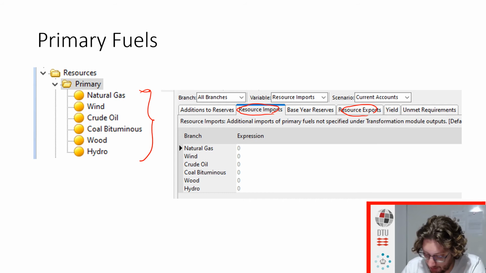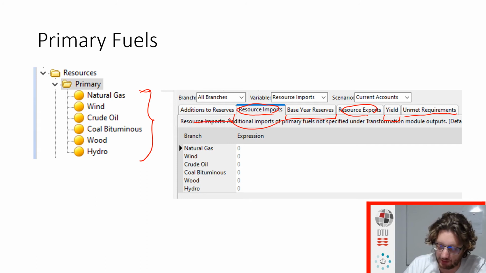And then it gets a little more interesting. We have base year reserves, and we have yield, and then unmet requirement is the same as before. So if we don't have enough, what do we do? Usually import, same options. And then additions to reserves, that has something to do with the base year reserves, which we will just get to.